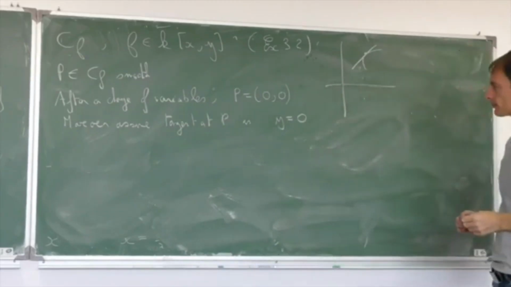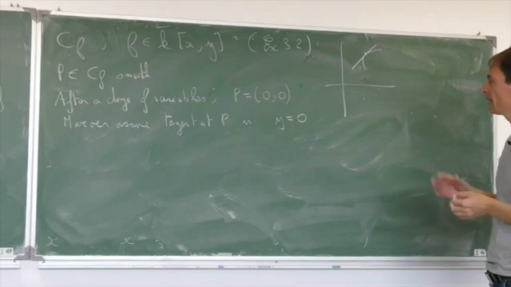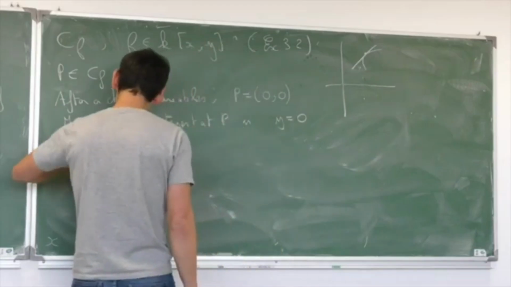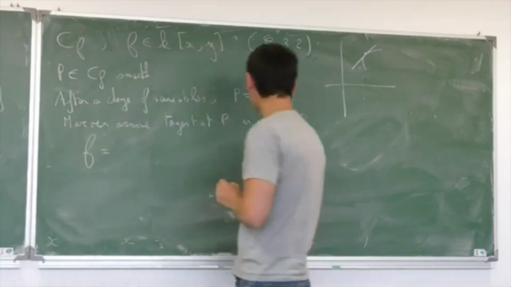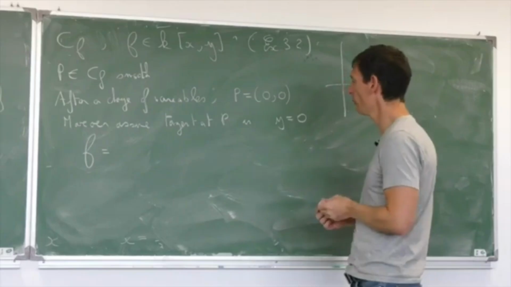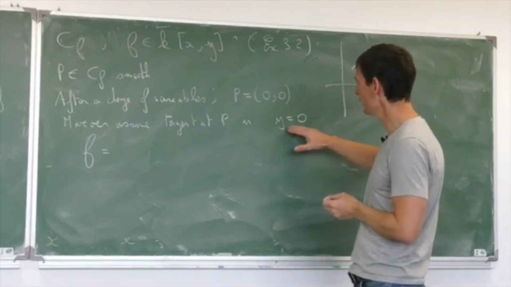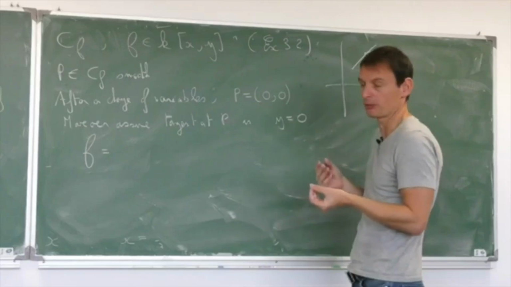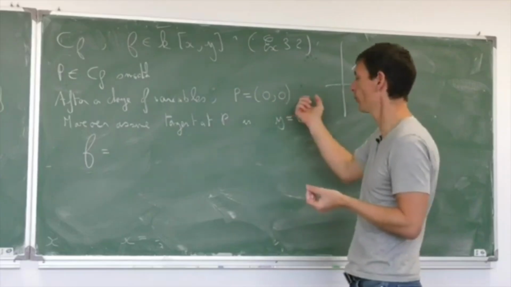All right. So if I do all this change of variable, I see that F has a precise form. F has to be a polynomial in X and Y. But if I look at the lowest term, first it has no constant term because at 0, 0 it must be 0.